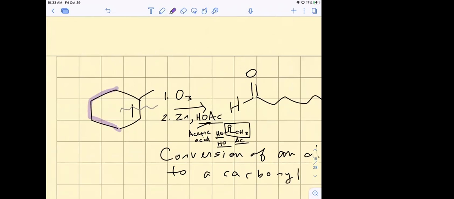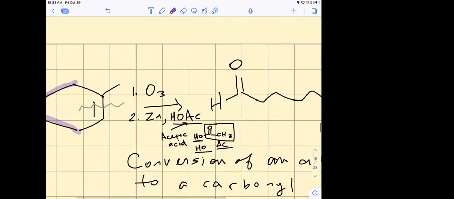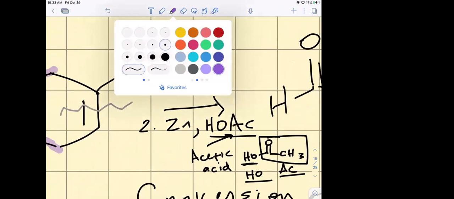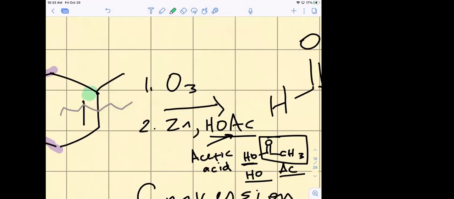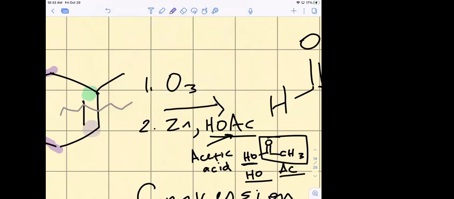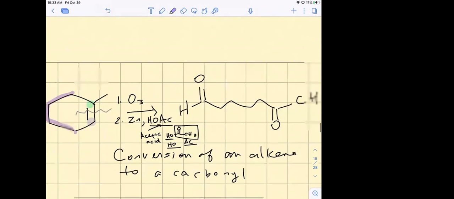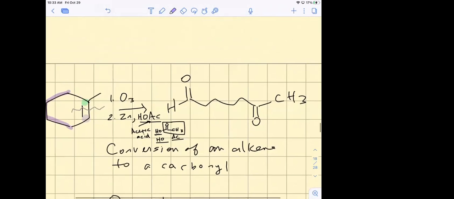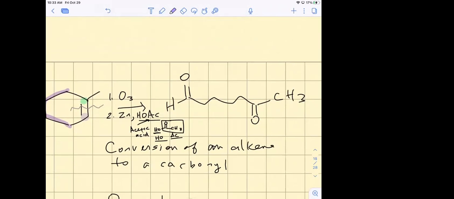And so when I crack that double bond in half, that's how I end up with this. Let me highlight the two carbons where the carbonyls are. So this is one of your alkene carbons, and this is the other one, right? So in the product, you can see that one of those carbonyl carbons, let me make sure I got enough carbon. 1, 2, 3, 4, 5, 6. Yeah, that's enough. One of your carbonyl carbons right here. That's, I'm sorry, not that one, this one.